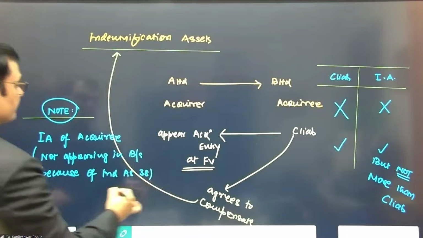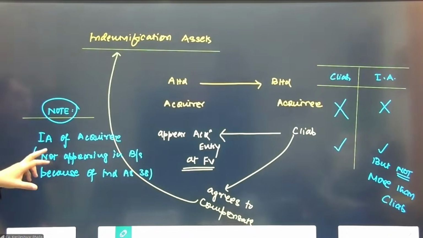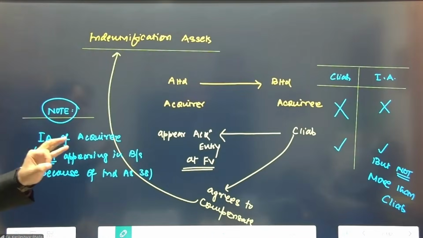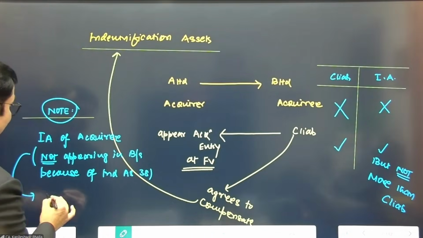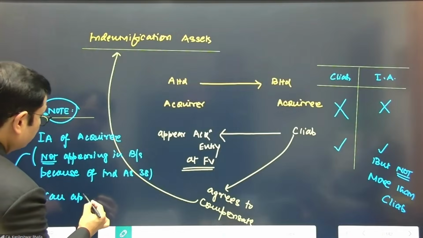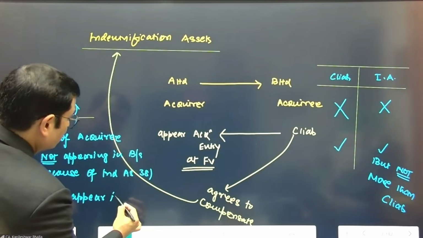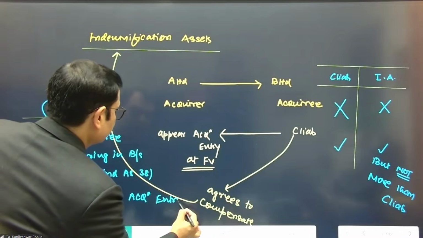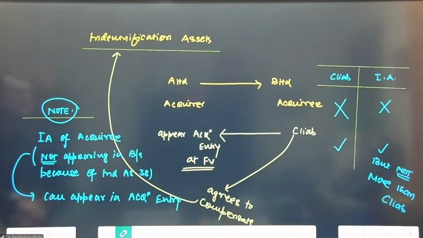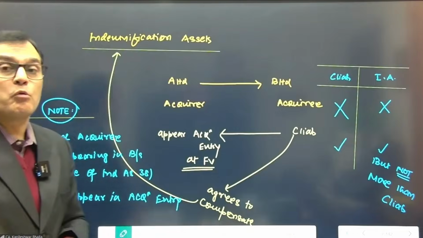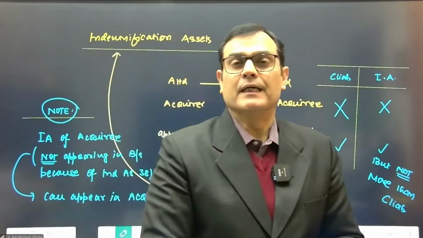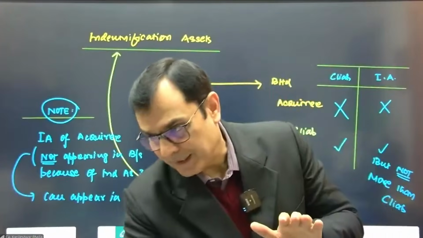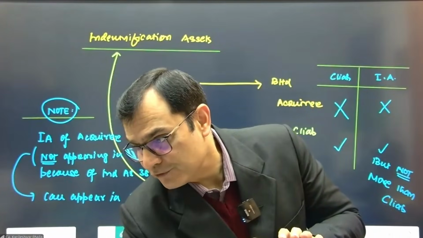All those intangible assets which were not appearing in the balance sheet of the acquiree because of Ind AS 38 can appear in the acquisition entry, provided you meet the recognition criteria. And they will appear at fair value in the acquisition entry as well. Okay, so far so good.